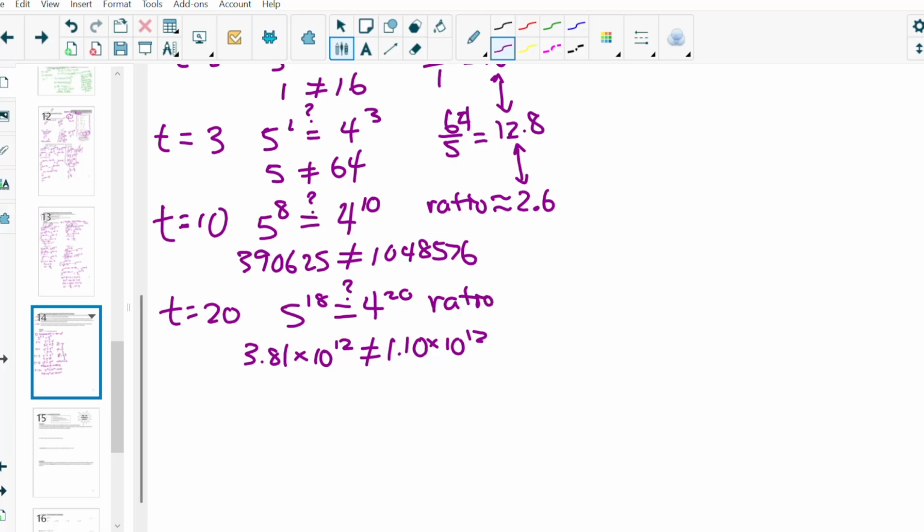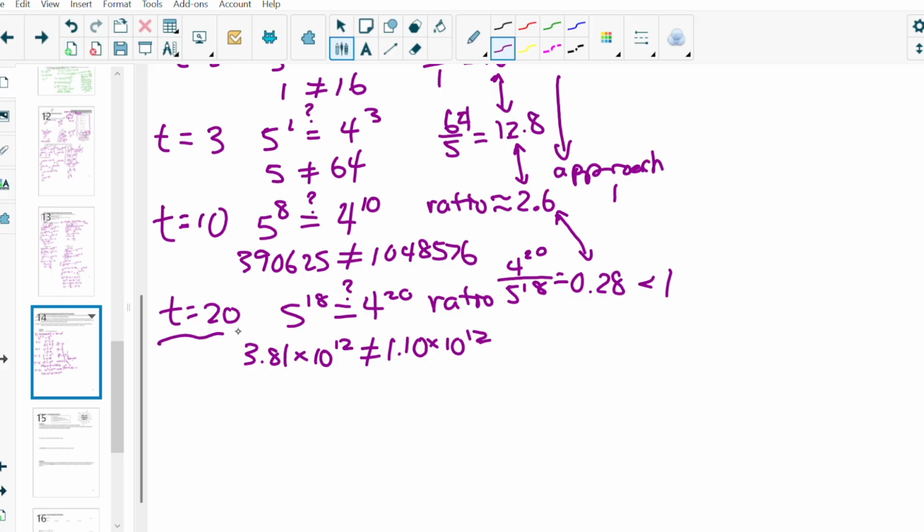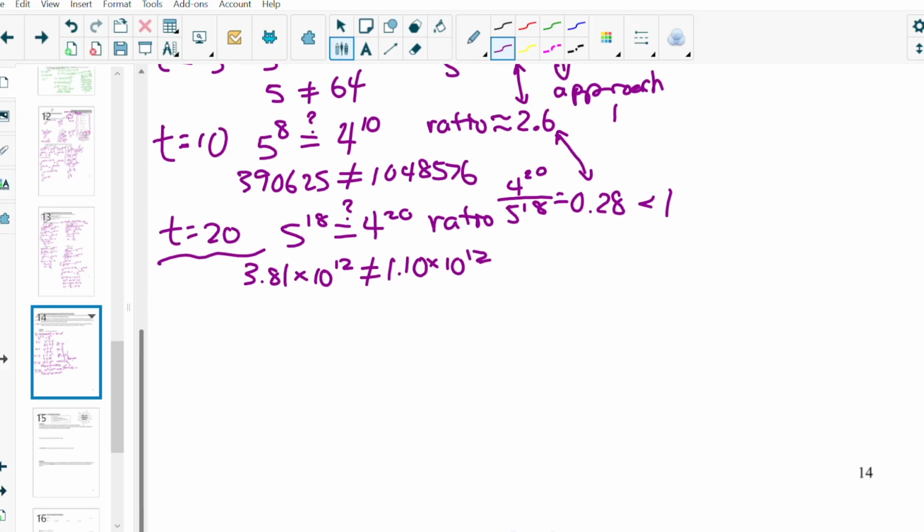But what's the ratio? 4 to the 20th divided by 5 to the 18th, I get 0.28. So we've gone too far. We were going down, approaching 1, but then we went below 1. So 20 is too high. We need to go back down.